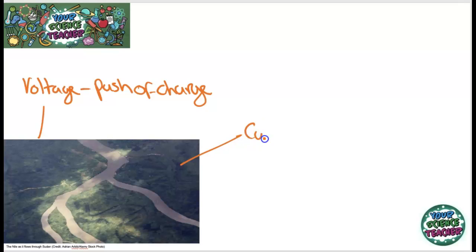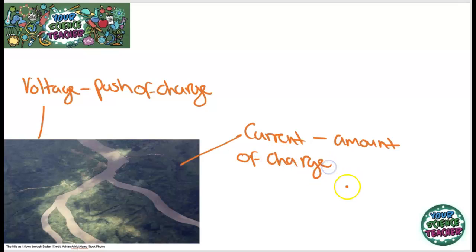Then the current of electricity is the amount of charge passing a certain point per second. And I like to think of the water like charge moving around that river and the amount of charge passing per second. In fact, in a river, they often do describe the current as the amount of water passing per second as well.